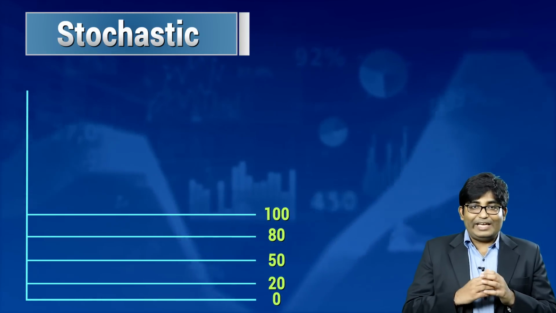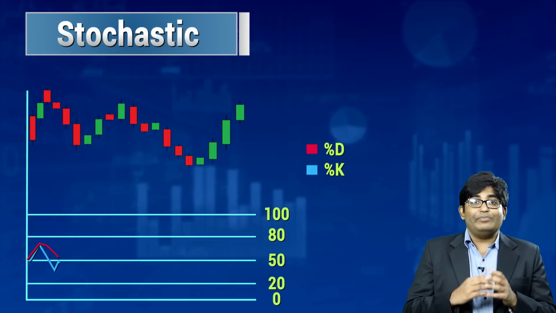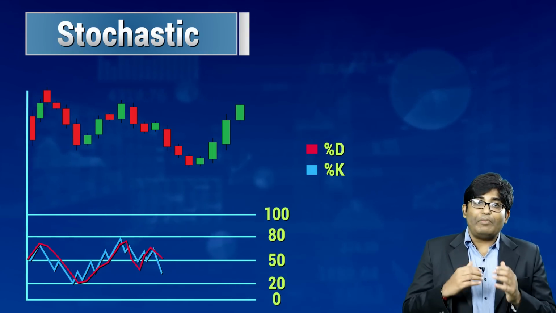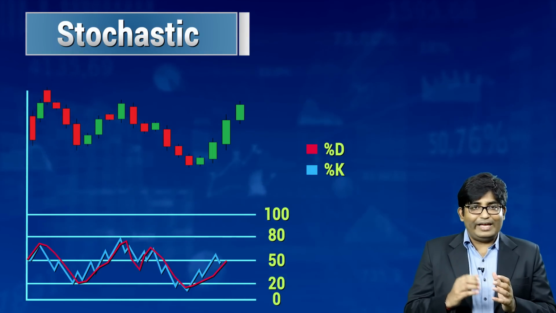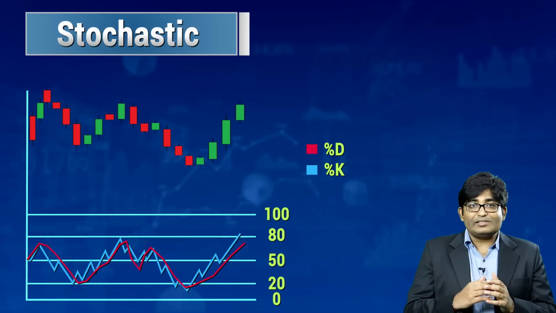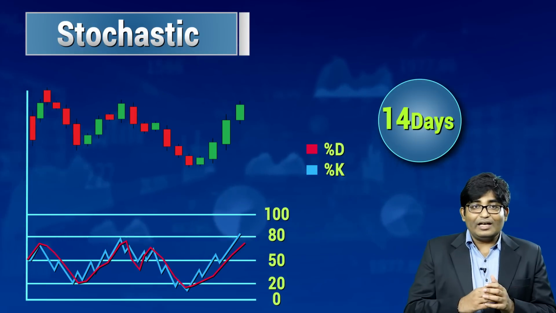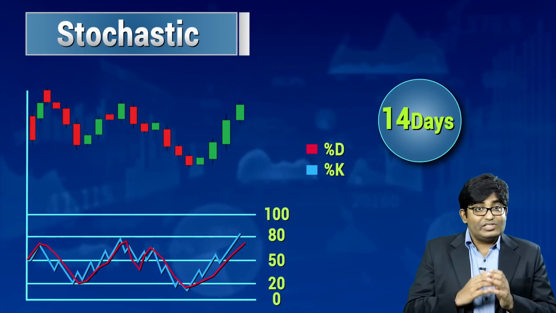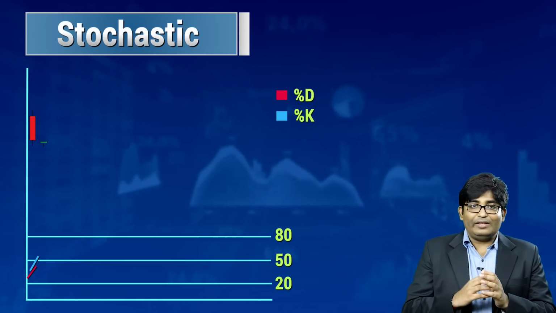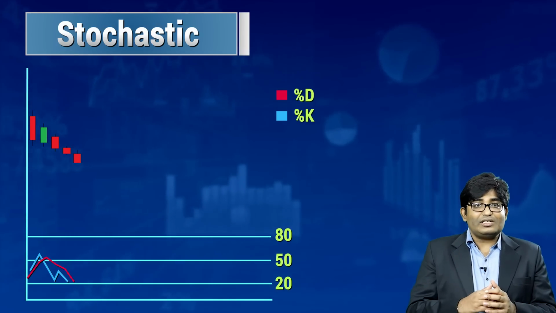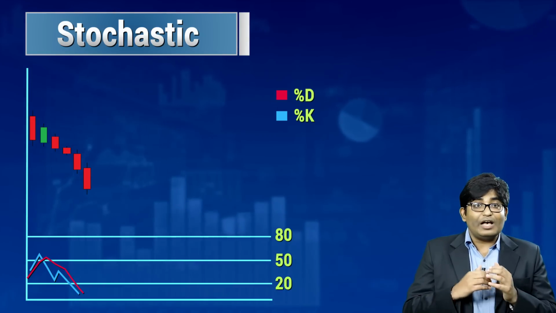The percentage K line measures the present close of the stock with respect to the range in past certain number of days. Generally, it is counted as 14 days, and for 14 days the indicator is generally calculated. When after a downtrend the stock moves upwards, then the K line crosses the 20 level and moves up.